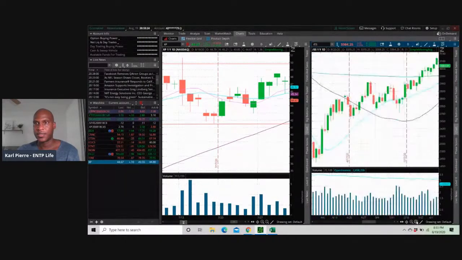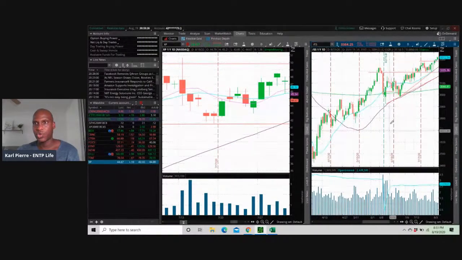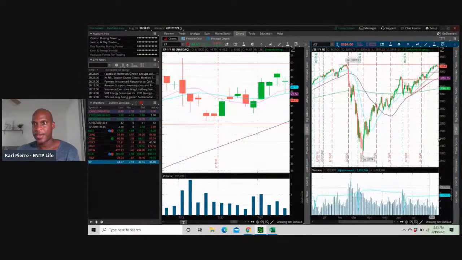This was part of a longer term move, like the move that we're in now. If this were to happen today, where we made significant new highs above all-time highs, and got slammed back down on high volume like that, I would immediately, I'm already short the market, but I would immediately be short the overall market because of that activity.